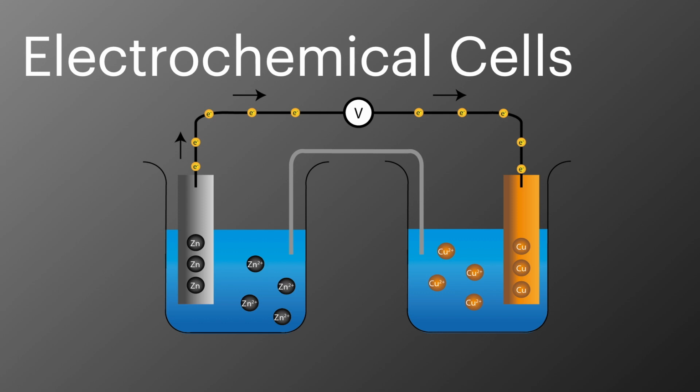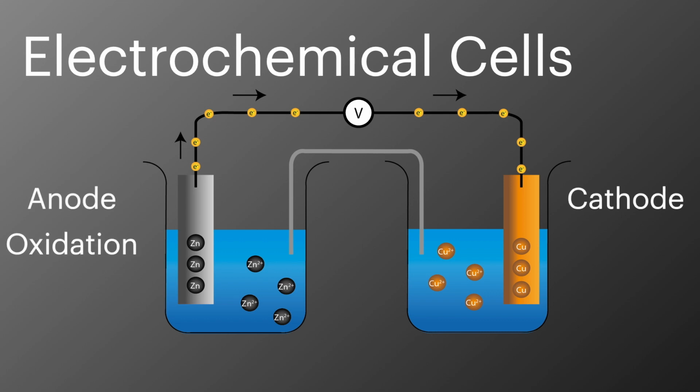So this is an electrochemical cell. It's a little bit similar to what you might have seen in year 11 when we looked at electrolysis. We have an anode and a cathode, and at the anode we have oxidation reactions taking place. That means the anode is negative, because as the oxidation takes place, the atoms lose electrons and provide those electrons up into the circuit. At the cathode we have reduction reactions taking place.